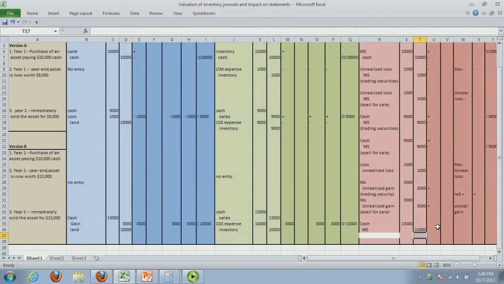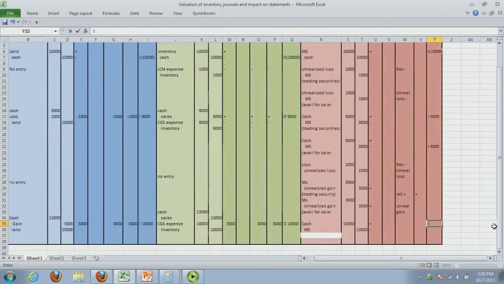And so what we basically see is an asset exchange. No impact on profits. The impact on the profit was last year with the trading securities. And no impact on the cash. Actually, we would impact. The cash would be investing, and it would be a $13,000 increase.